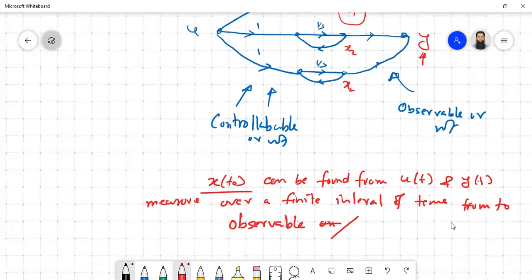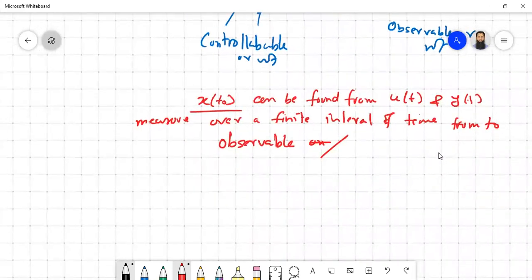For pole placement in observer design, this is the criterion you are looking for. Observability is the ability to deduce the state variables from a knowledge of the input U(t) and the output Y(t). Pole placement for an observer is a viable design technique only for systems that are observable.